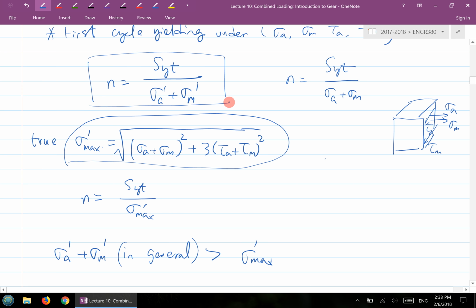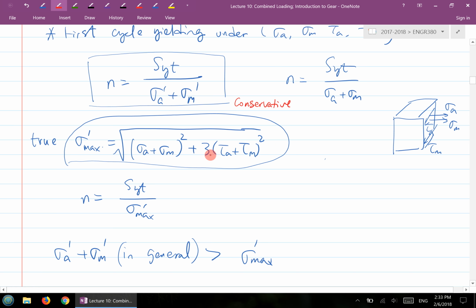The calculation in this one will result in a slightly lower safety factor, or in other words, this is a little bit more conservative. Conservative is fine. We like conservative, and this also saves us time for calculations like this.